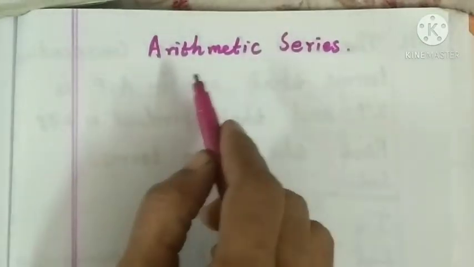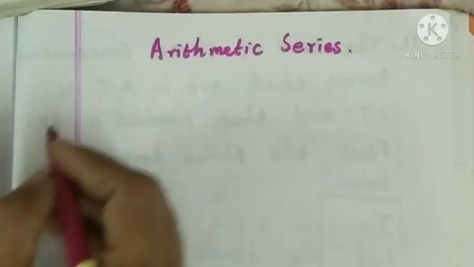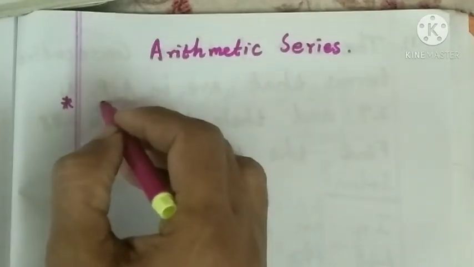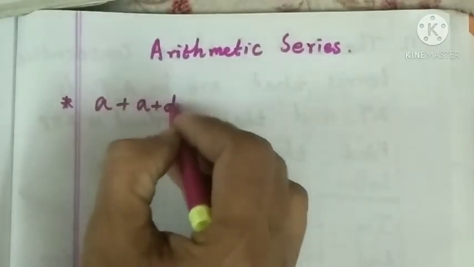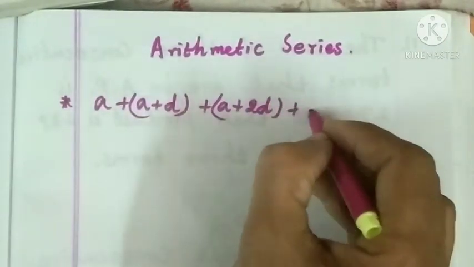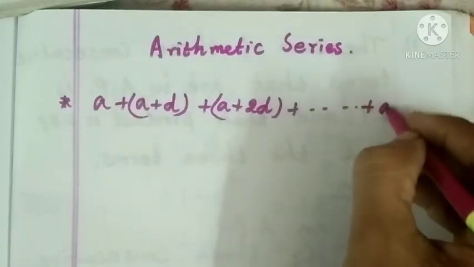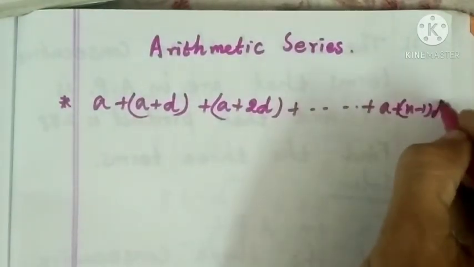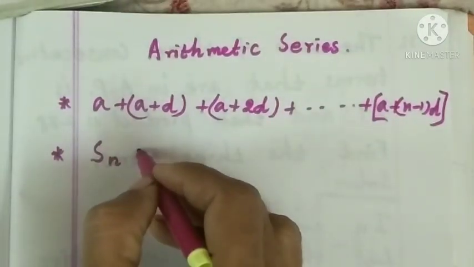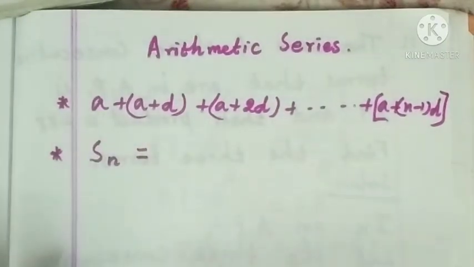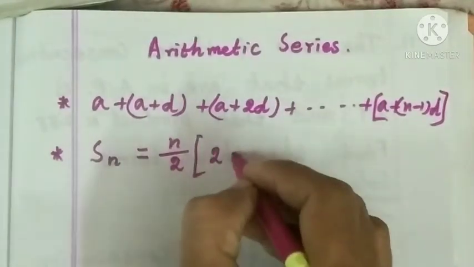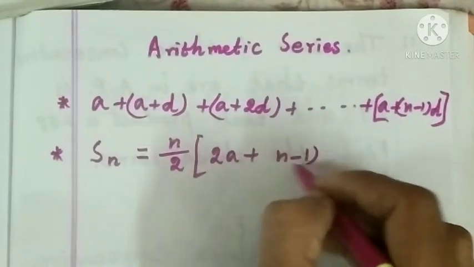Next we see some important points of an arithmetic series. The general form of the arithmetic series is a plus a plus d plus a plus 2d up to the nth term a plus n minus 1 into d. Sum to n terms of an AP, that is Sn is equal to n by 2 into 2a plus n minus 1 into d.